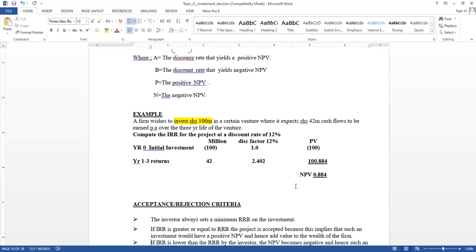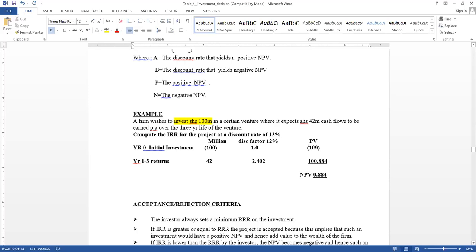Excuse me, sir. I thought the NPV is an addition of the PV. So how have you got 0.884? If I have 100, because this is inflow and this is outflow, 100.884, you subtract 100.